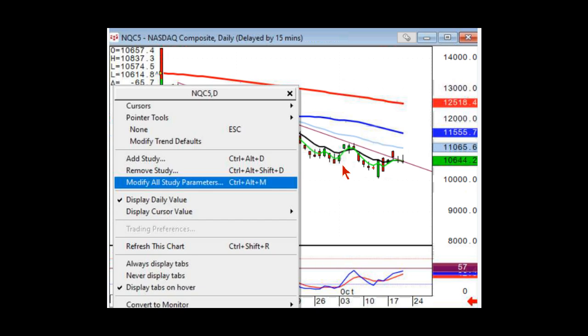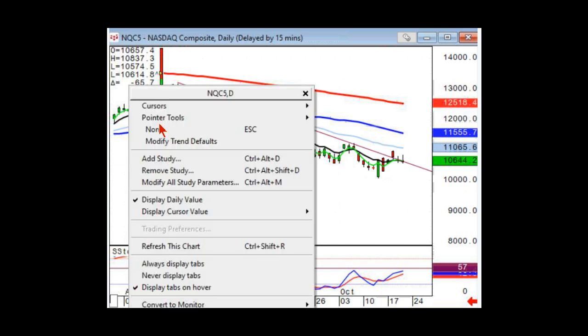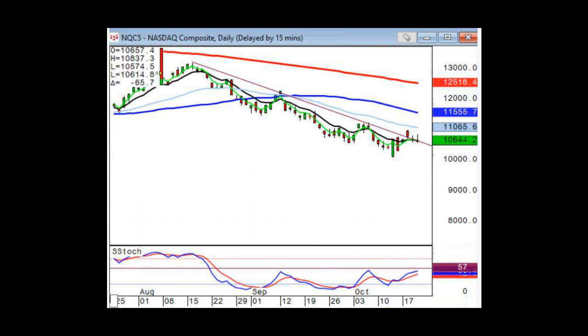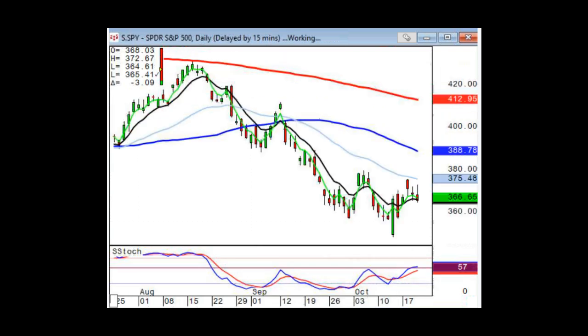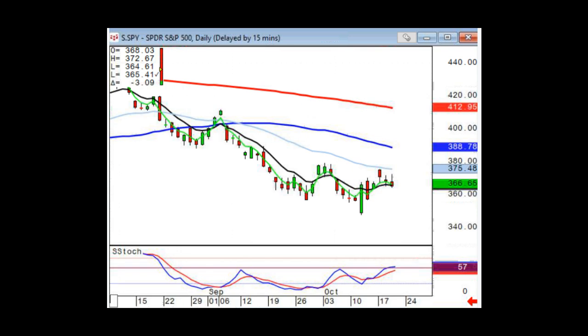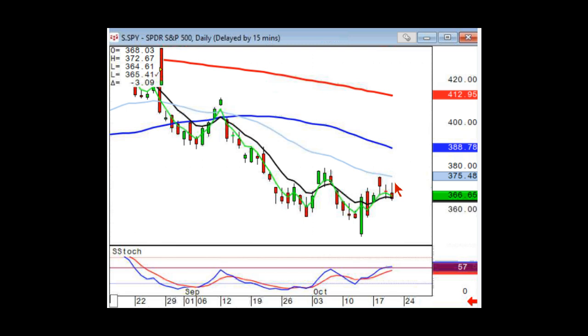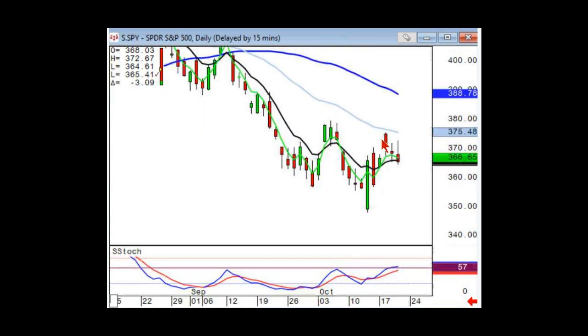You add the analysis of the S&P 500, kind of the same situation. You have this downtrend. Notice when they gapped up the other day, most people saw the S&P up pretty strong on that day.